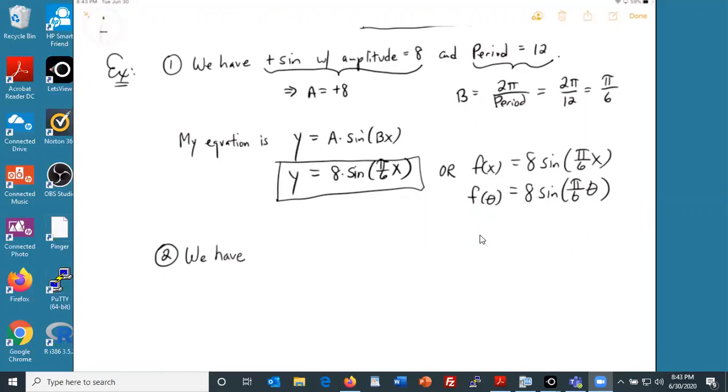All right, so let's say we have another graph, which happens to be that of a negative cosine with amplitude of 1/2, and the period is 8 pi.